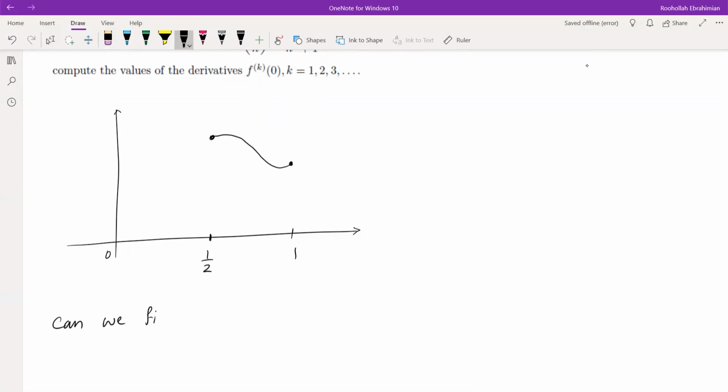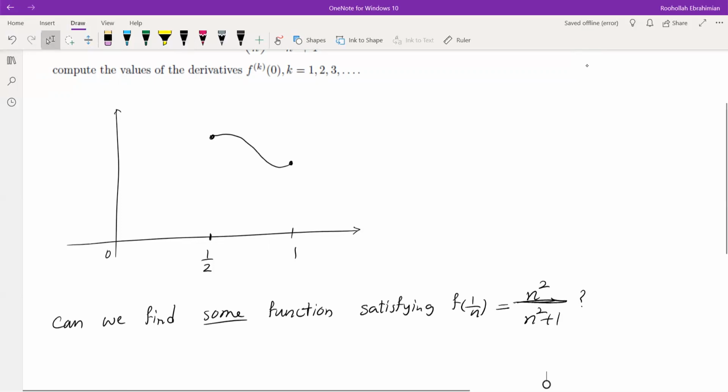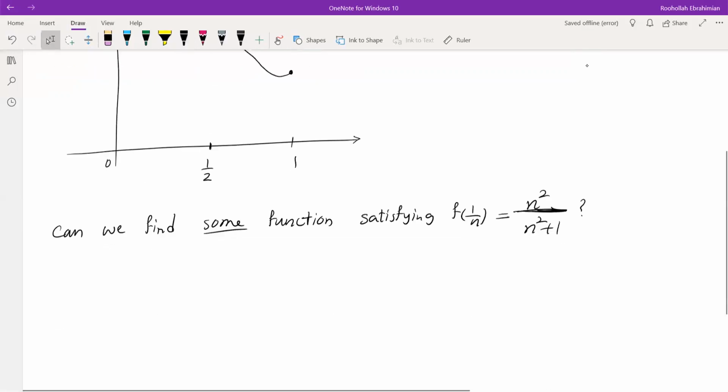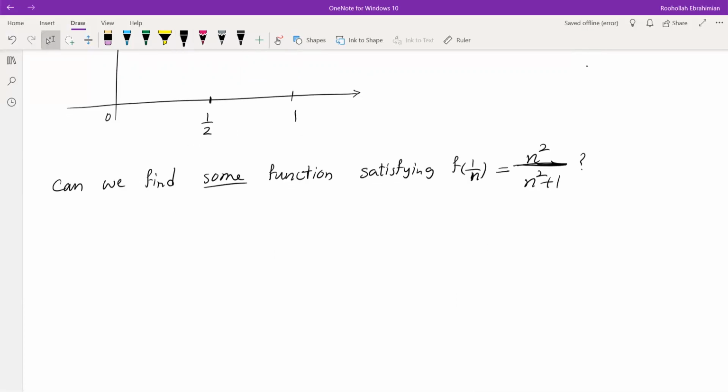Rather than all functions, can we find some function satisfying f of 1 over n equals n squared over n squared plus 1? That seems like a good place to start, at least. I can't really find f, but can I find at least one example or maybe two examples that satisfy this, and then go from there?